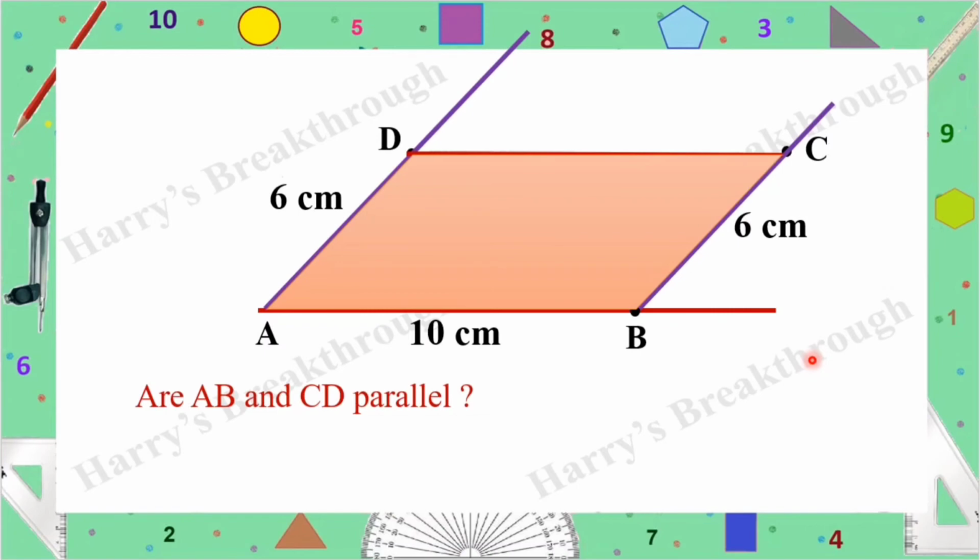Another method is we can measure the perpendicular distance between these two lines. If the distance is same, then we can say that the two lines are parallel. And another method is, let's check the slope. To extend the parallel lines is not practical. So let's measure the slope.